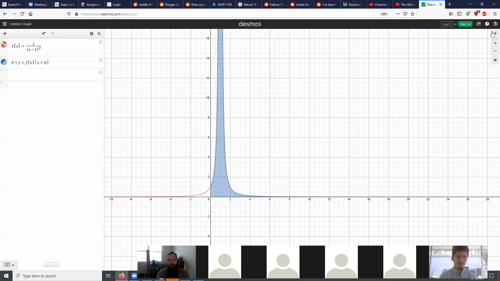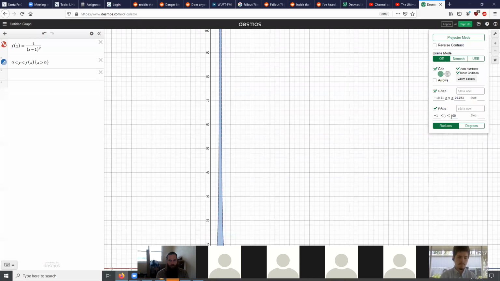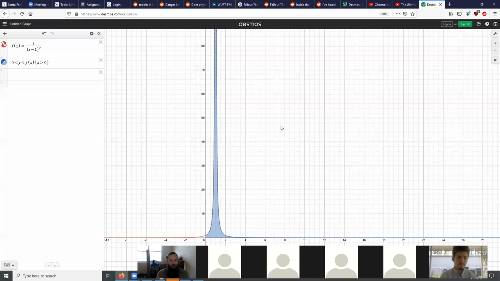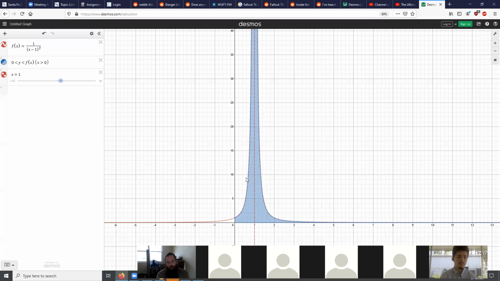And the 3 issues here come from sneaking up on this vertical asymptote from the left. There's a possibility that if I just look at the area here, this area could be infinite, right? Just that on its own could be infinite, because it's infinitely tall.